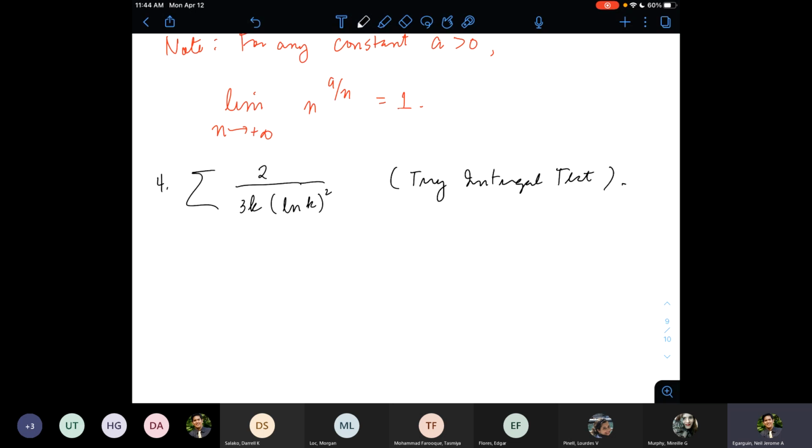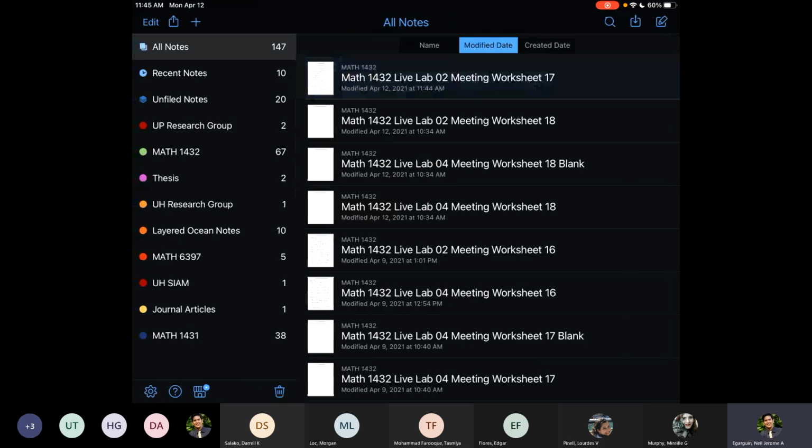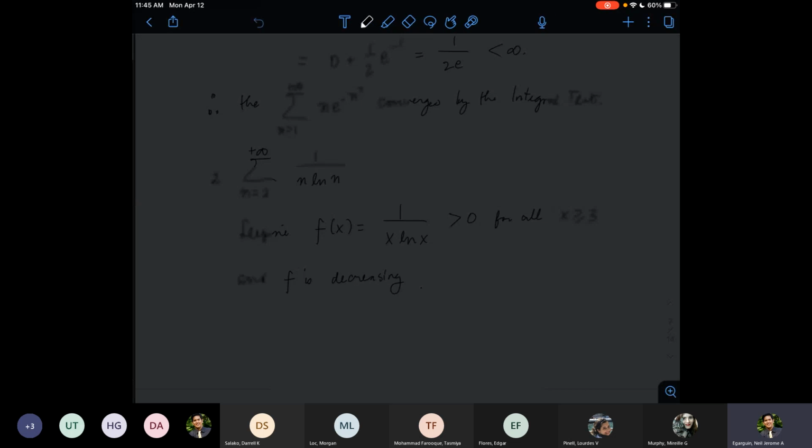And that's the same thing for the last problem you sent, Morel. You have k times e to the minus k squared all over 2. You also need to use the integral test for that. But I guess that for that problem, it's very similar to what we did last time. Let me go back to that worksheet.